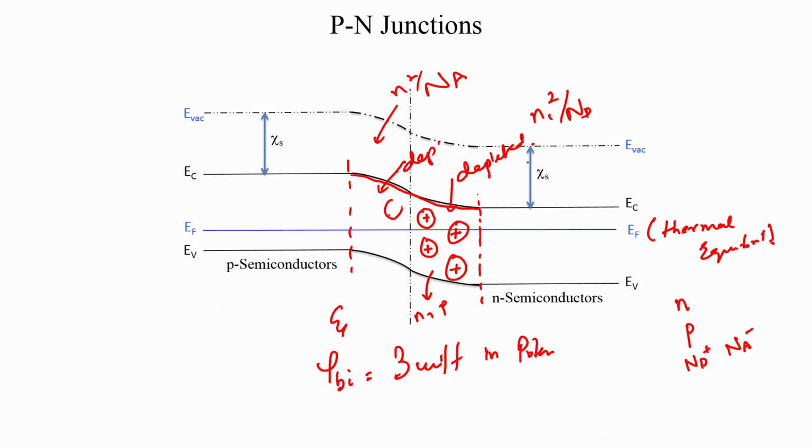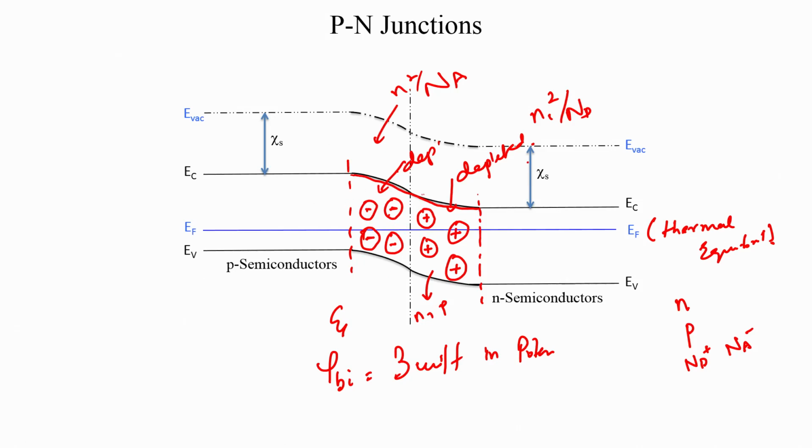And on the p side, you have the negatively charged fixed acceptor ions. These are the acceptor dopants that took in an electron and essentially gave up a hole, and those holes have now diffused to the n side, and therefore you have exposed acceptor ions. So this is the situation.